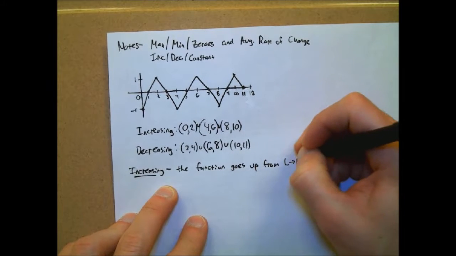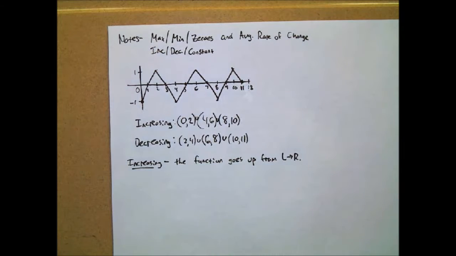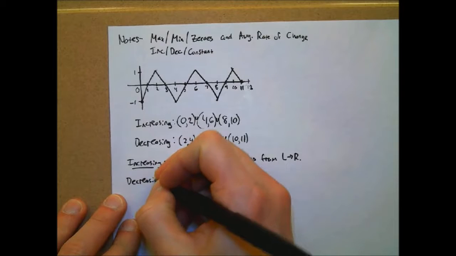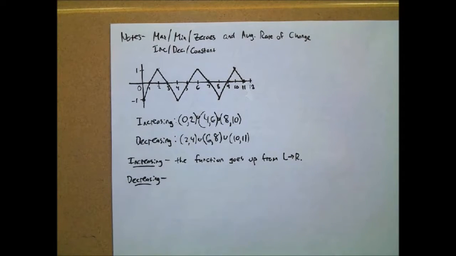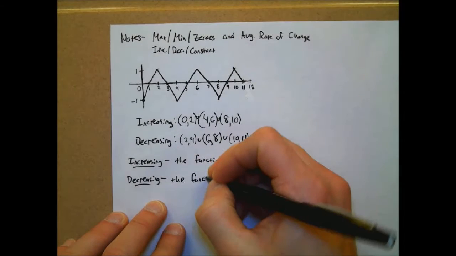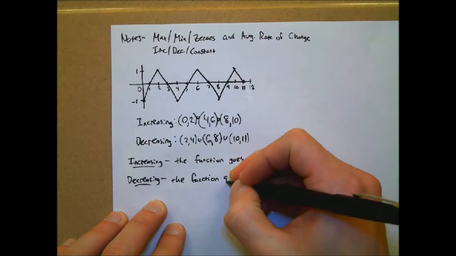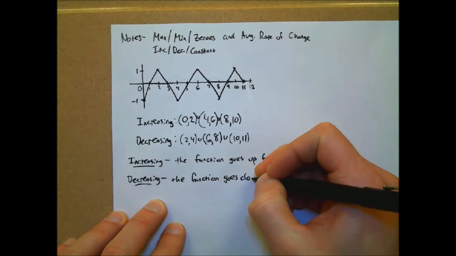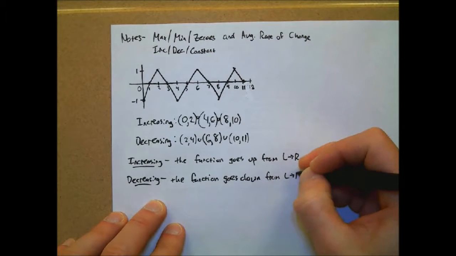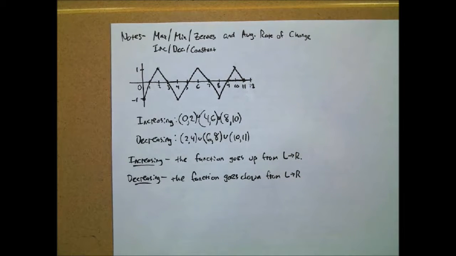I'm just going to write L to R, from left to right. And then decreasing, what would we say for that? The function goes down. It's that simple. The function goes down from left to right.